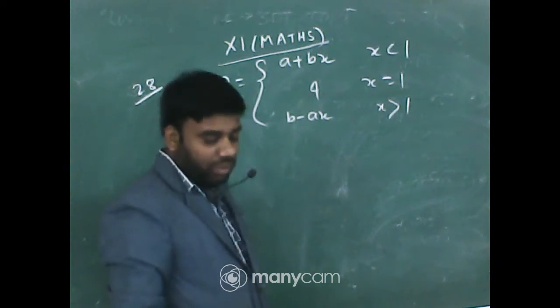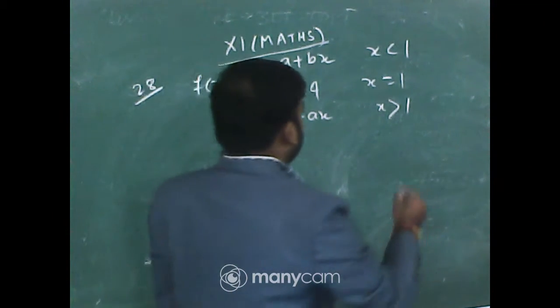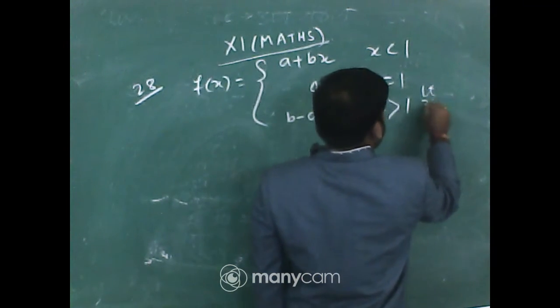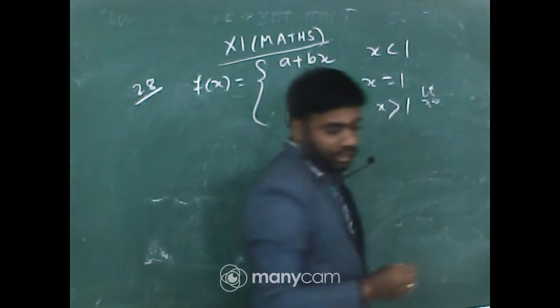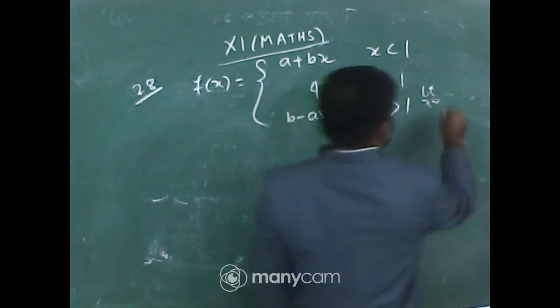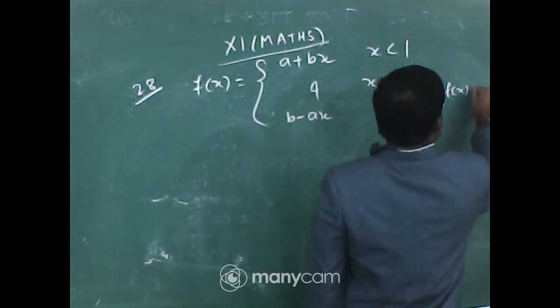So it is given that limit x tends to 1 fx equal to f of 1.